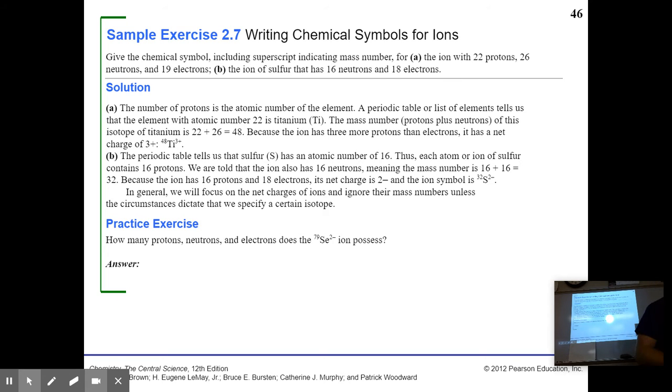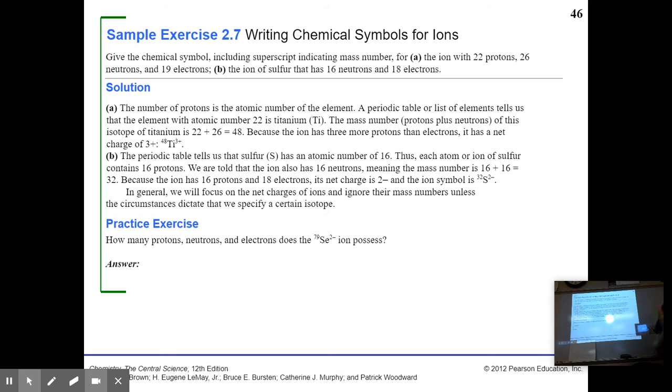I think I phrased the question kind of poorly. Protons is our atomic number. I'll admit that. So anyway, 22 protons indicates the atomic number of the element, and that element is going to be titanium.